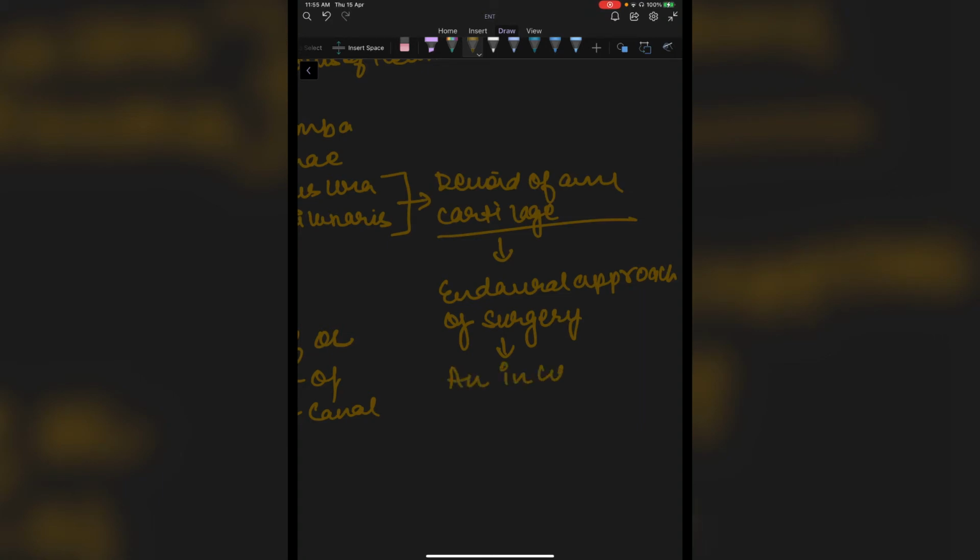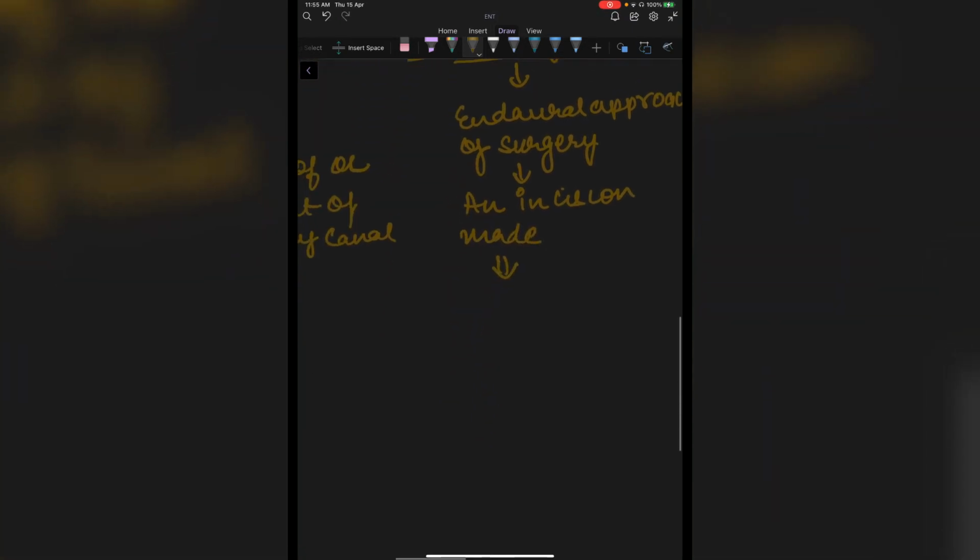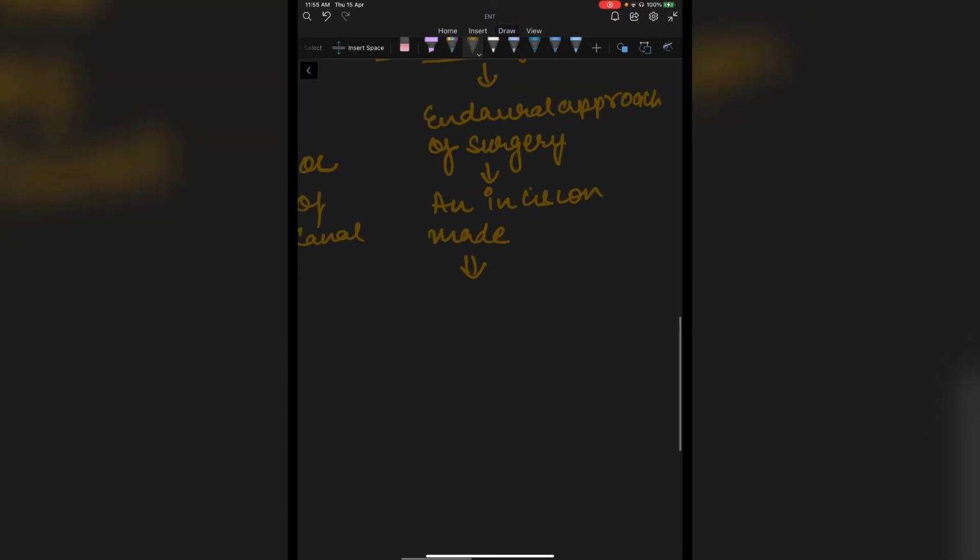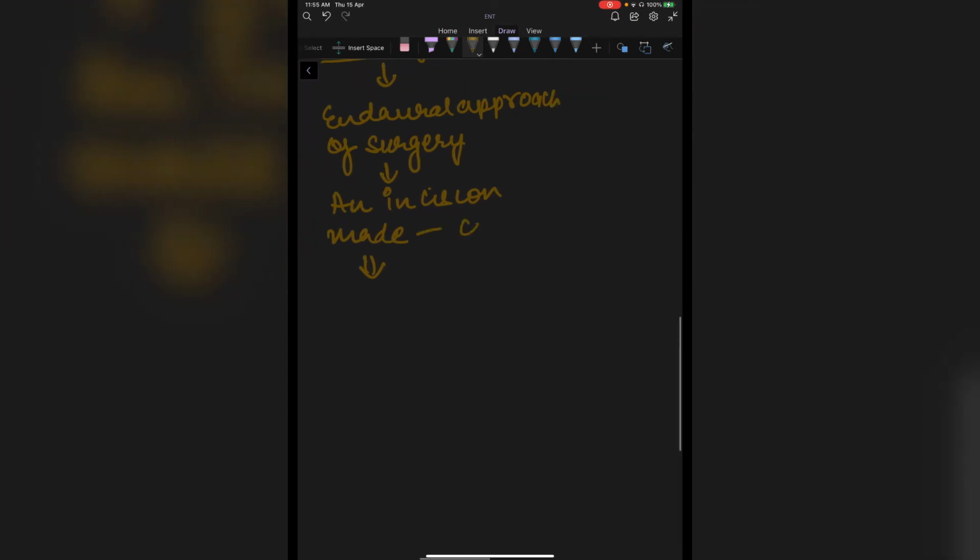Why is it preferred here? Because cartilage damage is minimal. That is why this area is preferred.